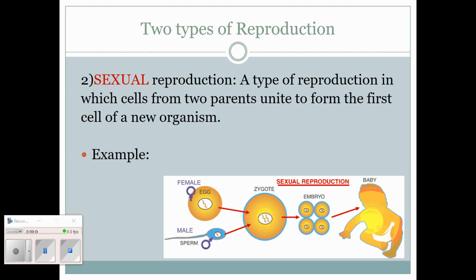Of course, sexual reproduction is the second type of reproduction, which you are probably more familiar with. In sexual reproduction, you have two parents, so we have two cells, an egg and a sperm, that join together in order to create a new organism.